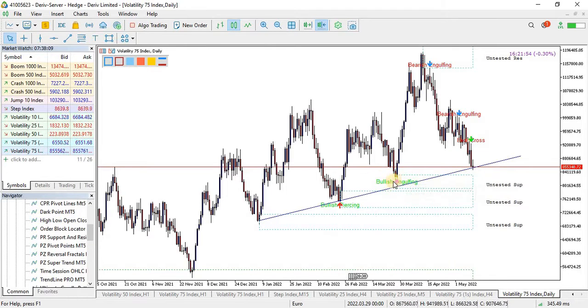So there is liquidity down here, so there's a possibility that it might break the trend line to grab liquidity within this support area and push back. So in the meantime we wait.